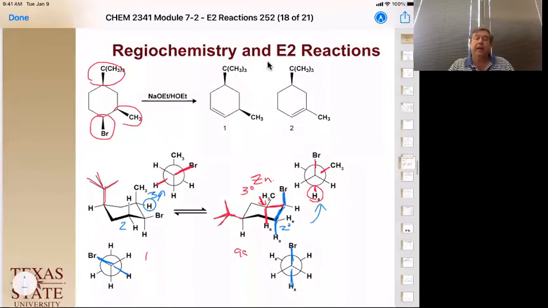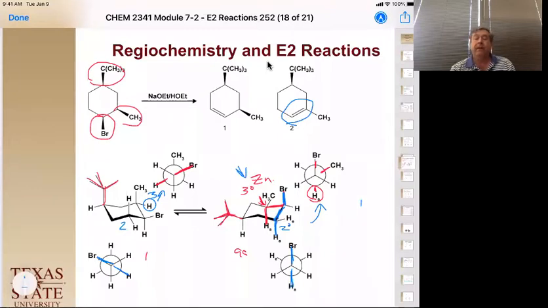So if we looked at that, we would end up with a mixture of these two products right here, probably favoring the number 2 a little bit because we're forming the more substituted alkene.